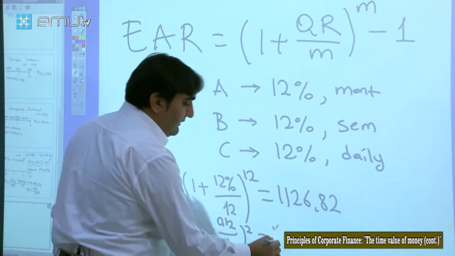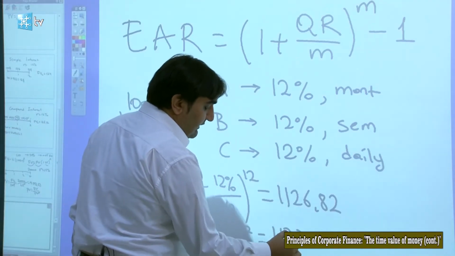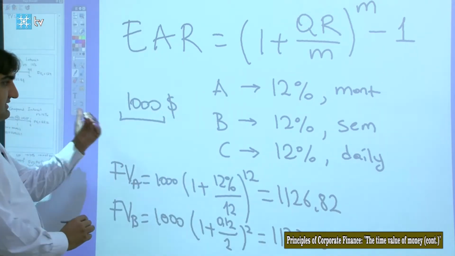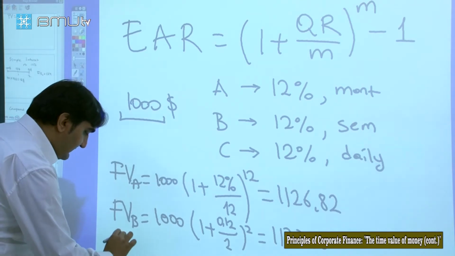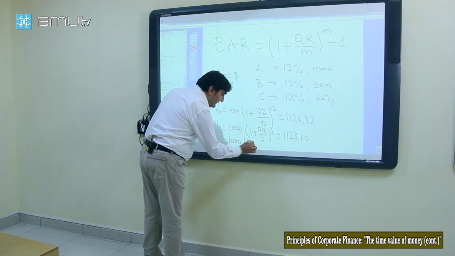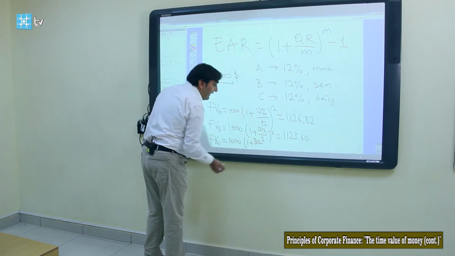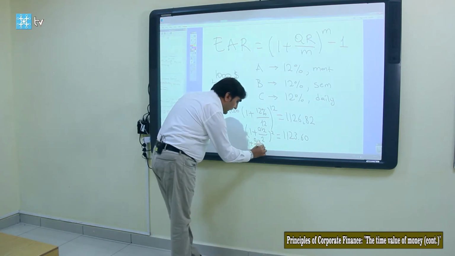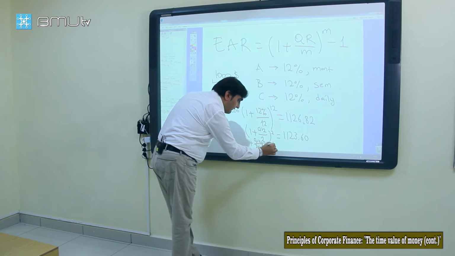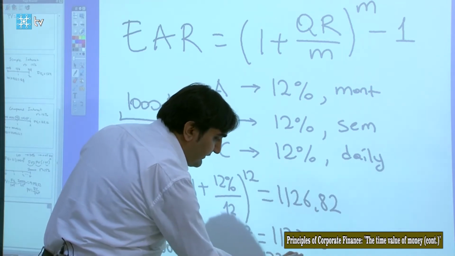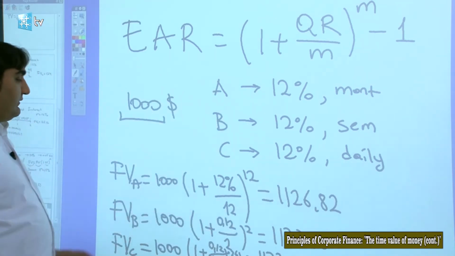Our final amount will be $1,123.60. And for option C, the future value at the end of 1 year will be 12% divided by 365 days in a year, to the power of 365, and this will be $1,127.47 at the end of the year.